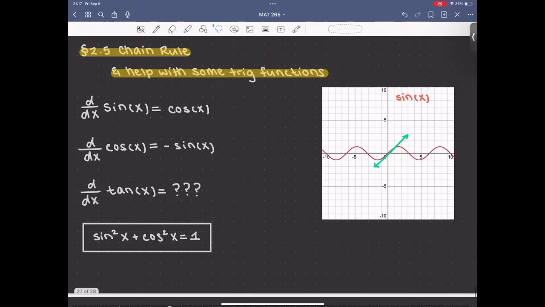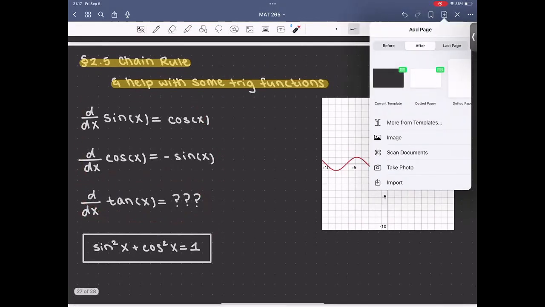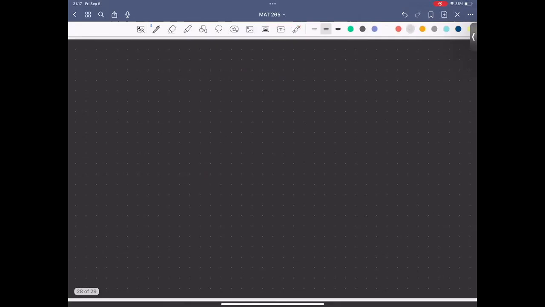But okay, using this identity and what we know about the derivative of sine and cosine, let's figure out the derivative of tangent. I'm going to add a new page. Let's remember, how do we define tangent of x? Well, it's the ratio sine of x over cosine of x.